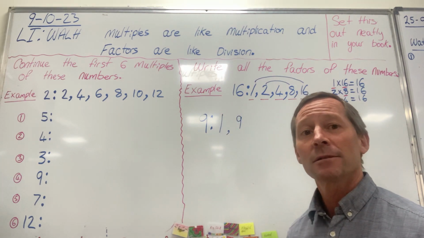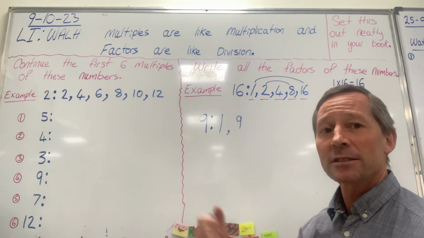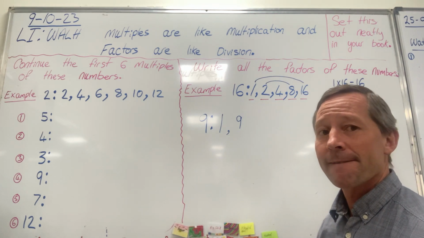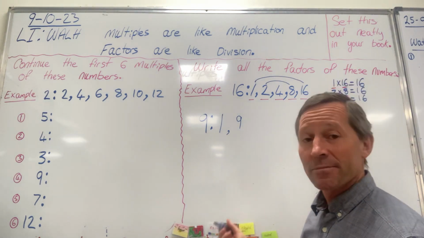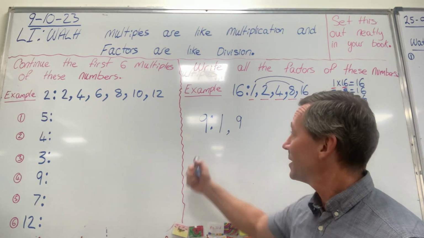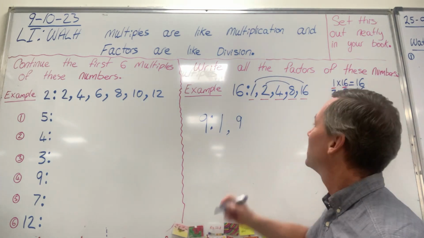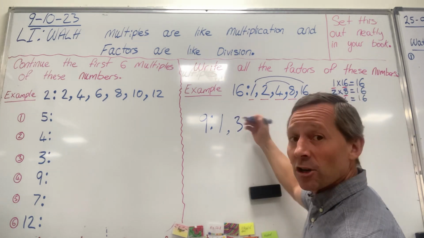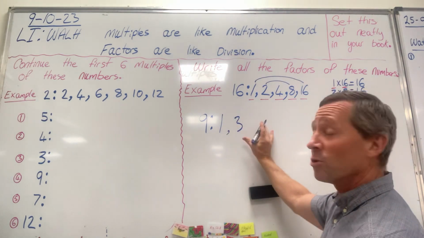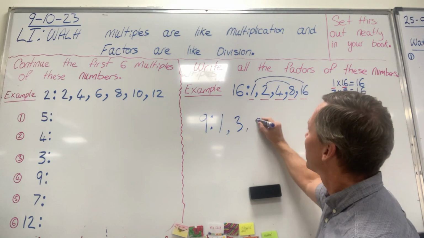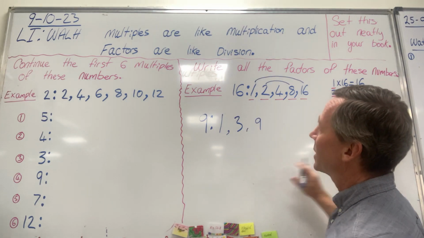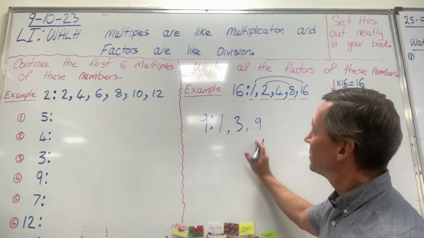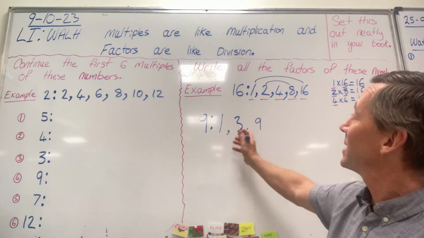Is that the end? Anything else that can fit into 9? 3. It's an odd number, but 3 can fit into it. So 3 times itself. Remember, we only just put the 1, 3 and then 9. So that is the factors of 9.